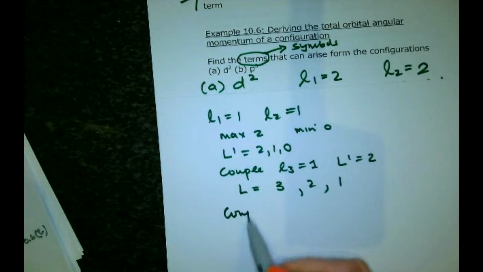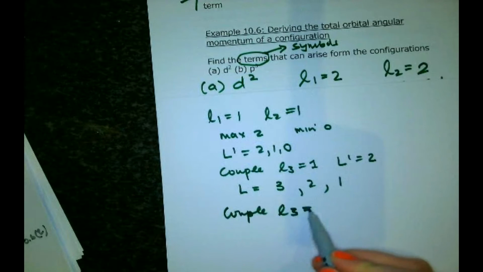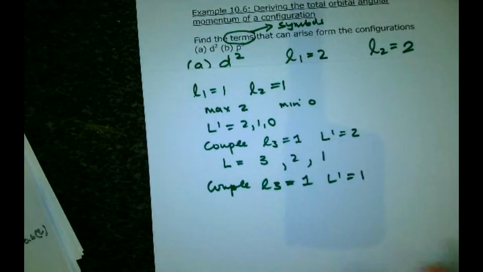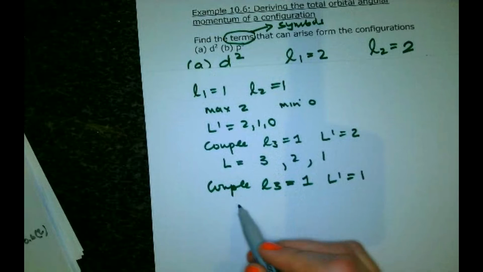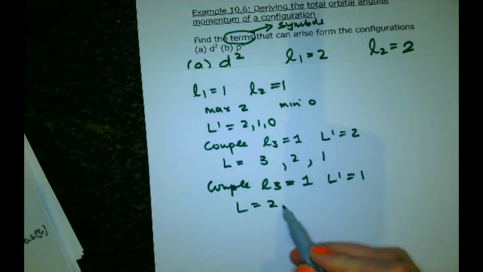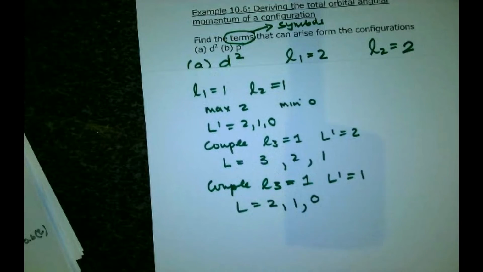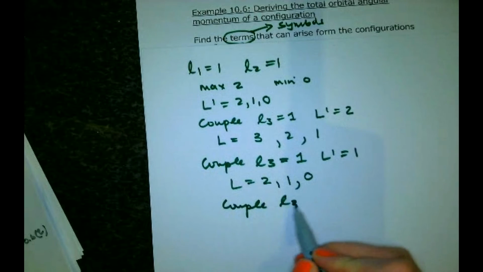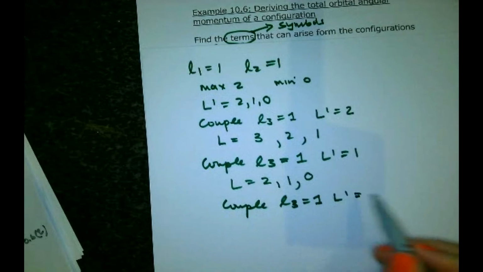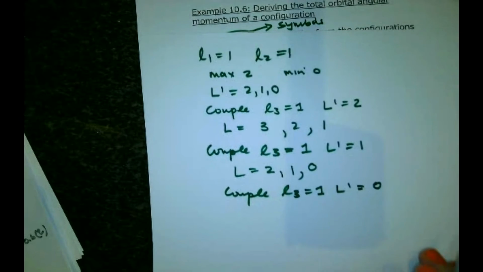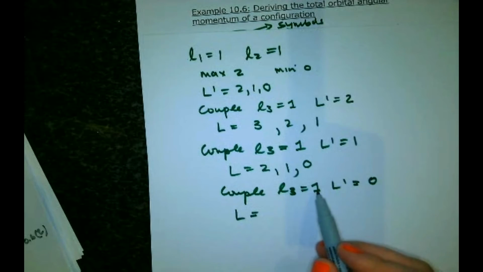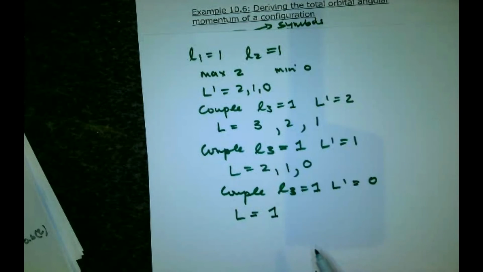We also couple L3 equal to 1 with L prime equal to 1. Maximum is 2, minimum is 0, and the in-between value is 1. And we couple L3 equal to 1 with L prime equal to 0. So L would be maximum 1 plus 0 is 1, and minimum 1 minus 0 is also 1.